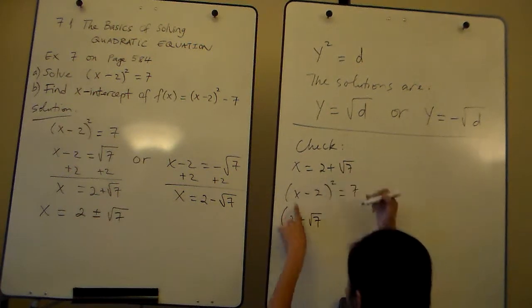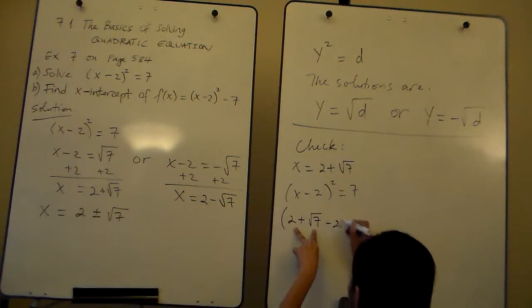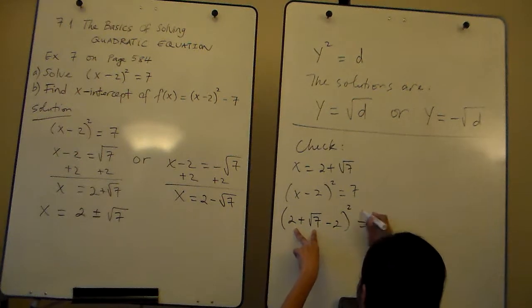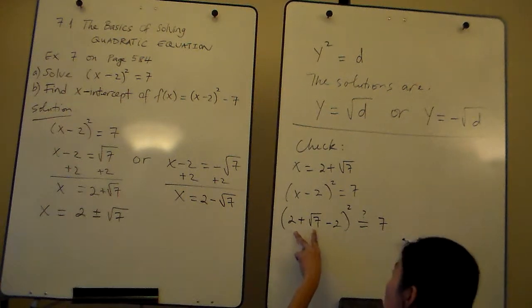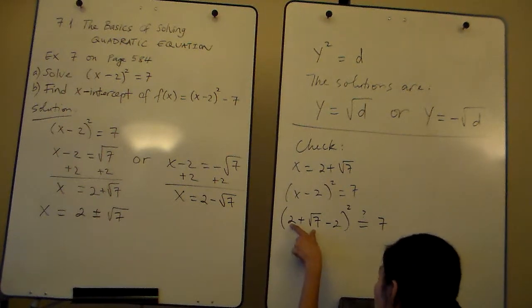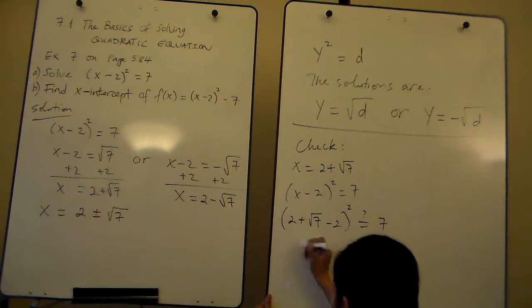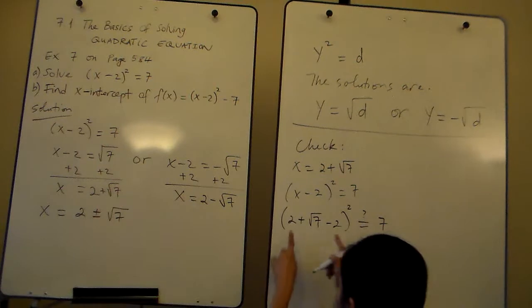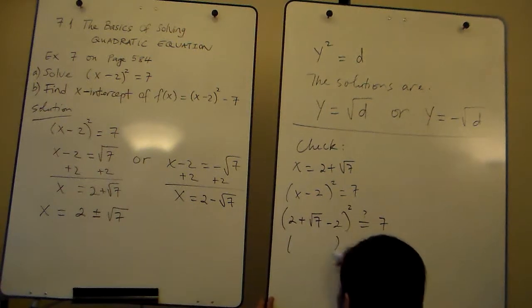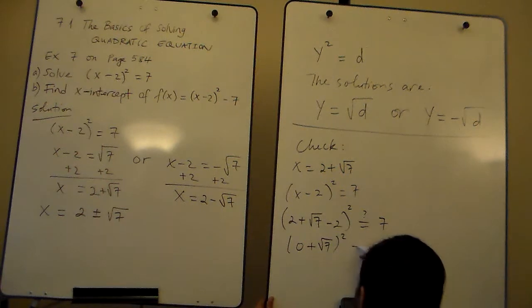For x, which is here, 2 plus square root of 7, minus 2, squared, question mark, 7. We don't know yet if this x is a solution. Now you can simplify 2 and negative 2, so 2 subtract 2 is 0. Plus square root of 7, squared, question mark, 7.